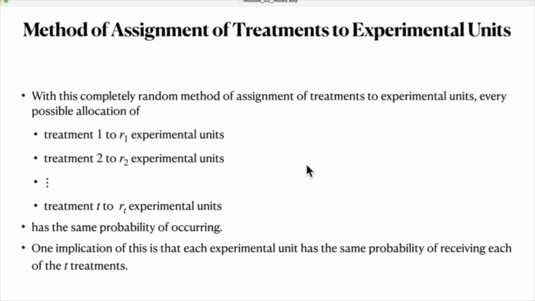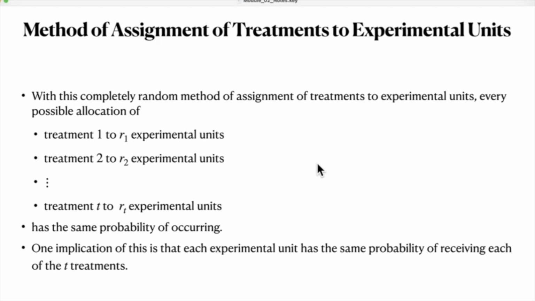And we see the same kind of thing in sampling designs. All right. If we satisfy this particular defining characteristic, that every possible allocation of these number of replicates, of each of the treatments to this number of replicates, has the same probability of occurring, that implies this last bullet point. But this last bullet point does not imply that defining characteristic to be satisfied.